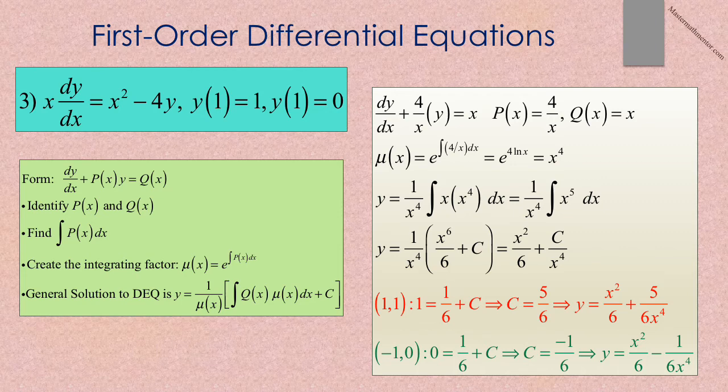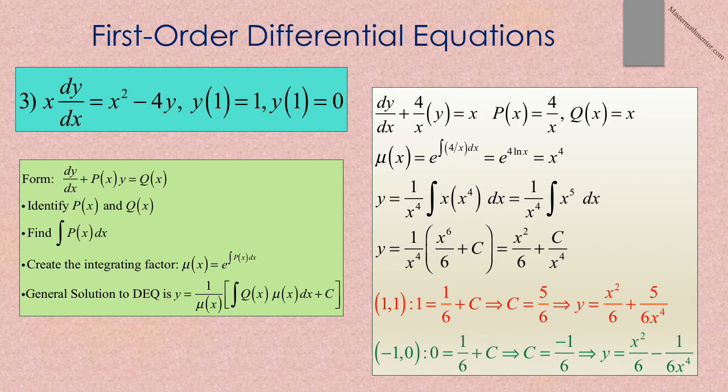Therefore, mu of x is equal to e raised to the integral of 4 over x dx, which is e raised to the 4 natural log of x, and that is simply x to the 4th. So our solution is y is equal to 1 over x to the 4th, the integral of x times x to the 4th dx.